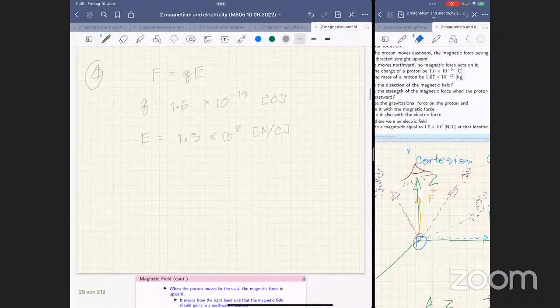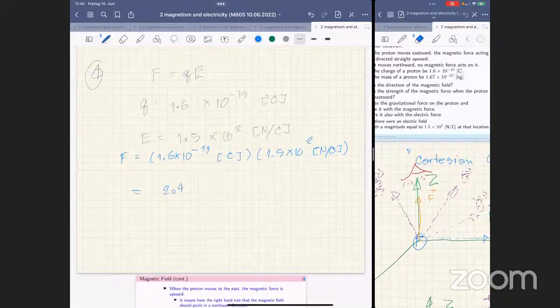Once you substitute these two things into the original expression, F will be Q, which is 1.6 times 10 to the negative 19 coulomb, and E, 1.5 times 10 to the 2 Newton per coulomb, and you will get the result, which is the product between these: 2.4 times 10 to the negative 17, and it's in Newton.